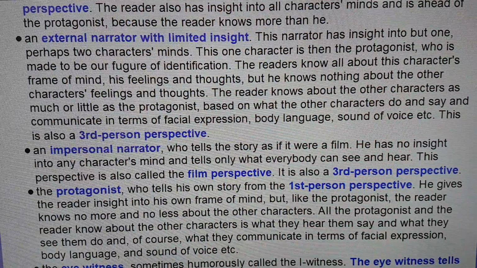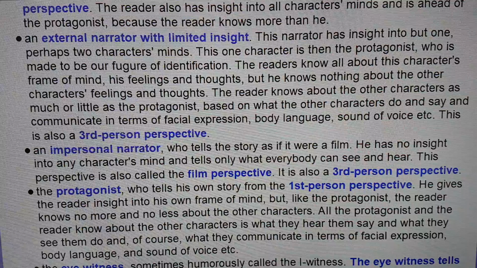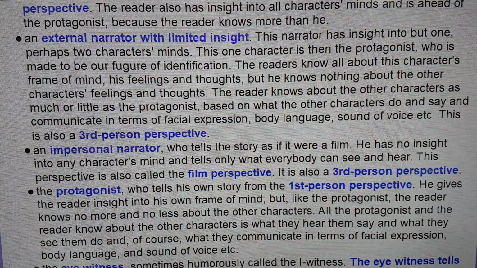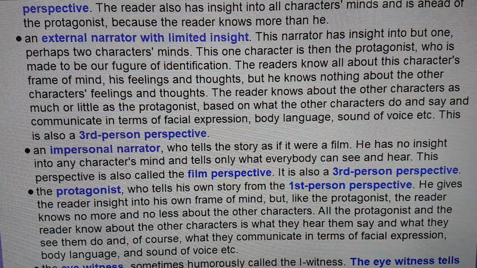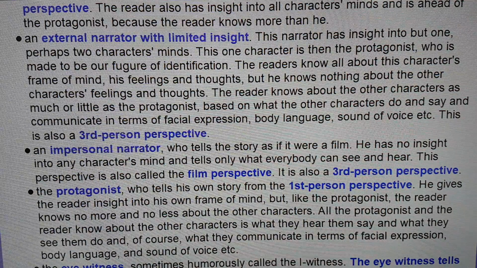So, he gives you no insight into the characters' minds. He will only tell you what a film camera, for example, would see and hear. Okay? So, you get to know as much about the characters as you can see and hear.